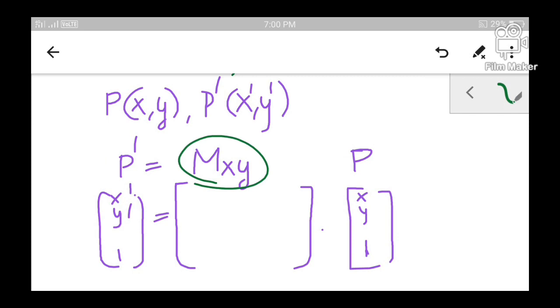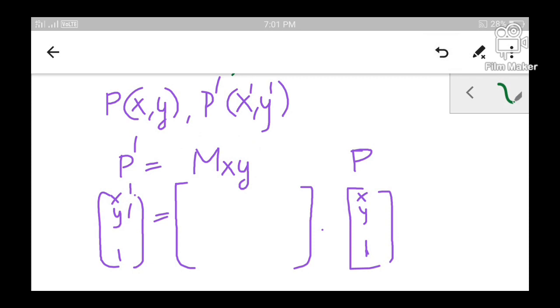Mirror image is obtained when reflection is performed about the perpendicular axis, and this perpendicular axis is the xy plane. Only because of this the suffix xy is written over here. Xy indicates a perpendicular axis, the xy plane.